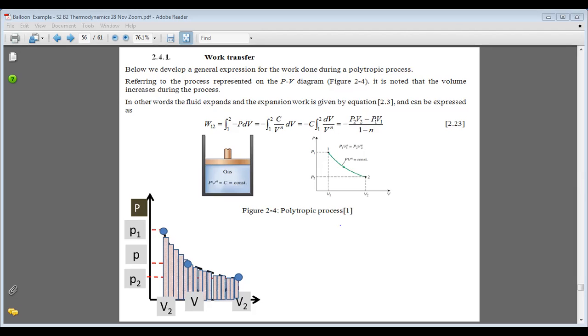And always n is between, not to say varies, n is between: n is greater than or equal to 1, and also n is less than gamma.